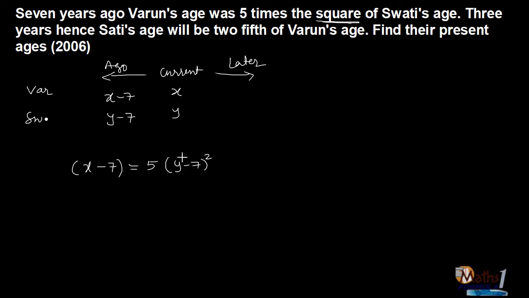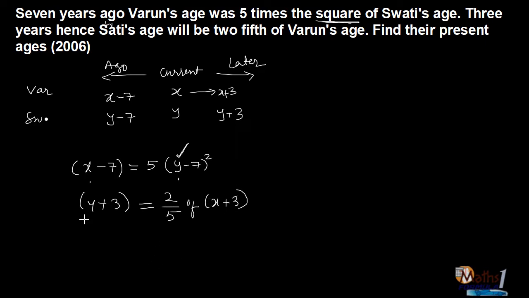So I feel that if I am going to take a square here, and that too with two variables, somewhere I have to have one more condition. Maybe I need to substitute and find out, but there's no guarantee that you might find the exact value. Then 3 years hence, that will be x plus 3 and y plus 3. Then the condition says that 3 years hence Swati's age, which is y plus 3, is equal to 2 by 5 of Varun's age, x plus 3.